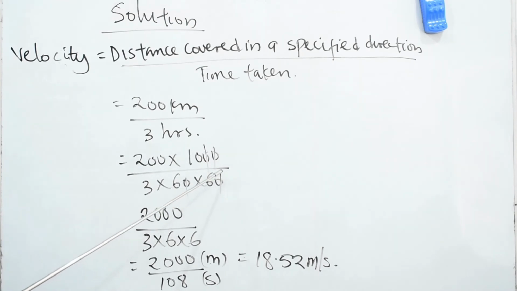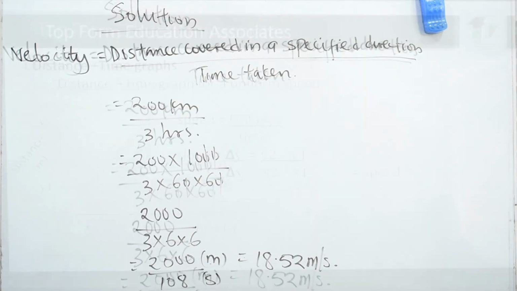If you cancel 0 against 0 here, 0 against 0 here, you are left with 2,000 divided by 3 times 6 times 6. That is what we have here. If you divide, you have 2,000 over 108, and that finally gives you 18.52 meters per second.